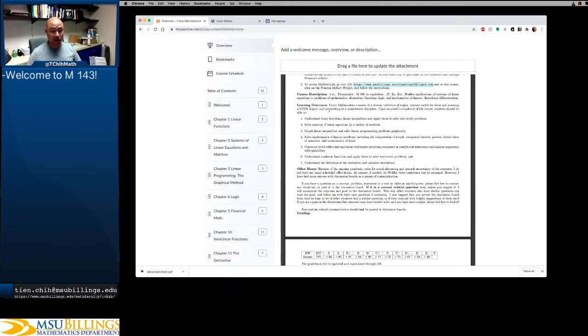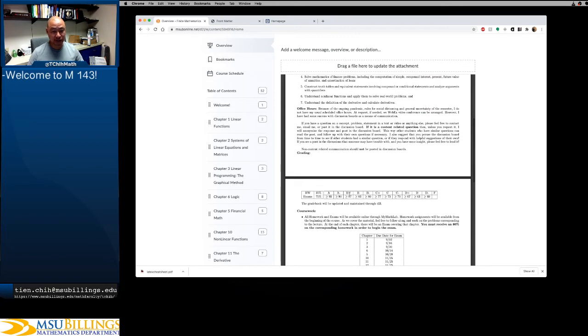We have our learning outcomes here. The grading will be done through homework and exams, all through Pearson. Some 25% of the grade will be the homework score, and 75% will be exams.